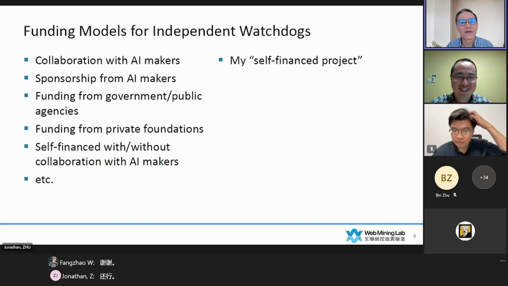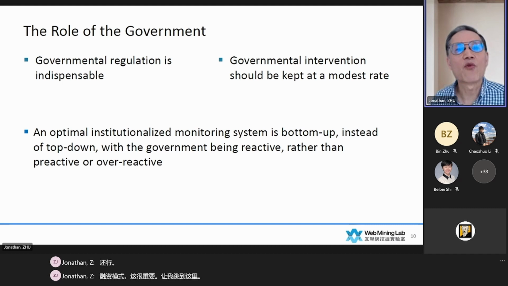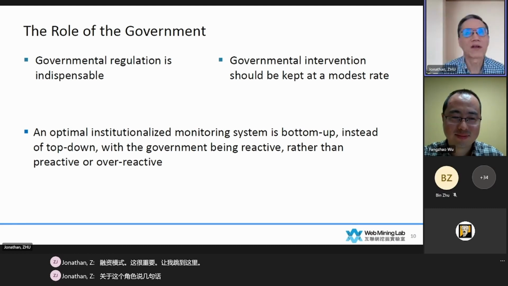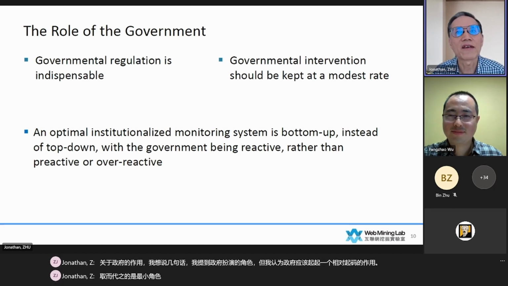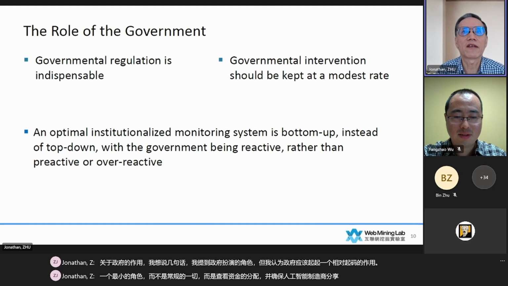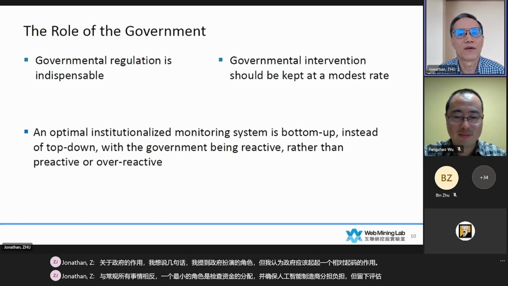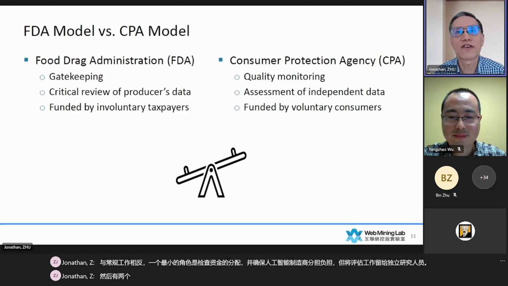Funding models are important. Let me just jump over to say a few words about the role of government. I mentioned government plays a role, but I think the government should play a relatively minimal role. Instead of regulating everything, it should look over the distribution of funding and make sure that AI makers share the burden, but leave the evaluation job to independent researchers. And then there are two kinds of methods we can follow.